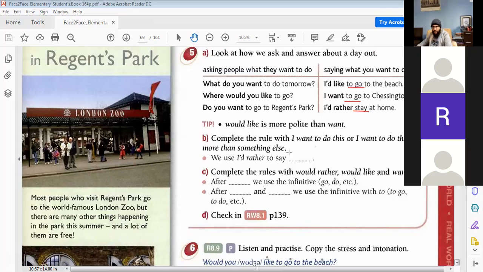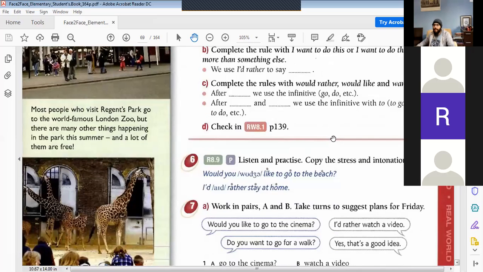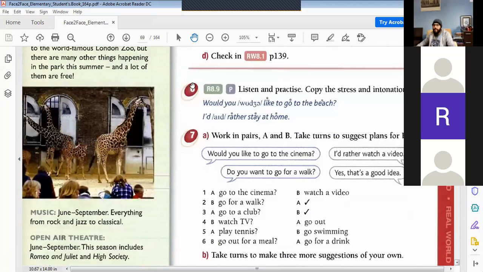And usually the person who uses rather is rejecting the other options. That is the idea of rather. As we heard in the recording, how the son used it. In the beginning he said I'd rather do something different. And then he said I'd rather stay at home. So this is the idea. Is it clear, Rani? You get the idea? Yes, teacher. Okay. All right, now let's do number 6.